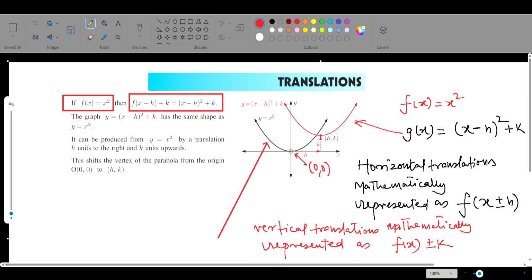If it is plus k, it goes up that many units. If it is minus k, it goes down that many units.